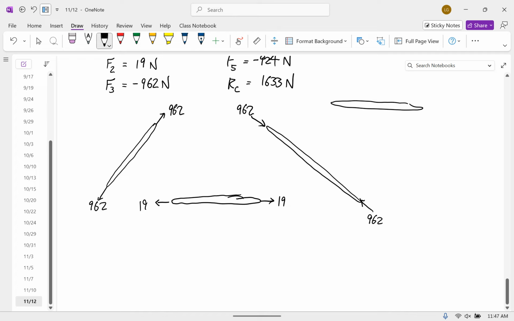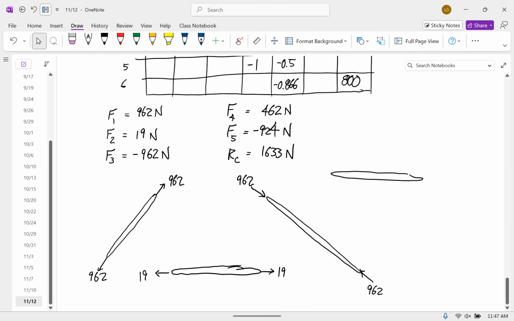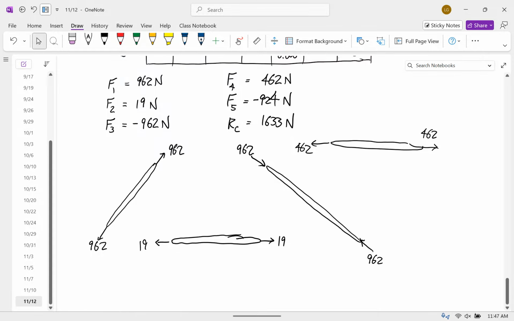Is in tension, darn it. So it's like this. And then member 5 is in compression. So it's like that.